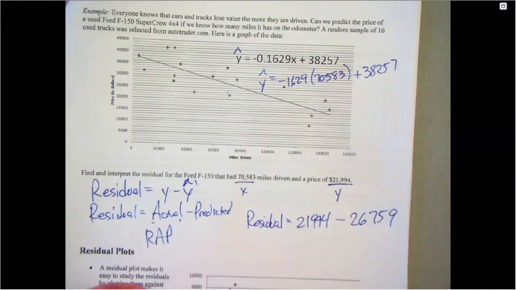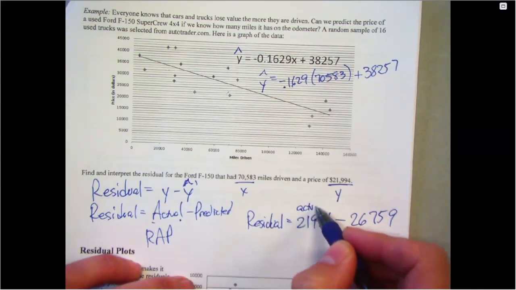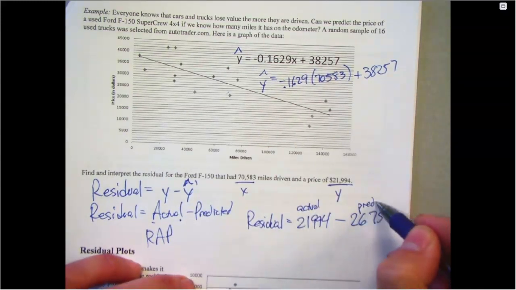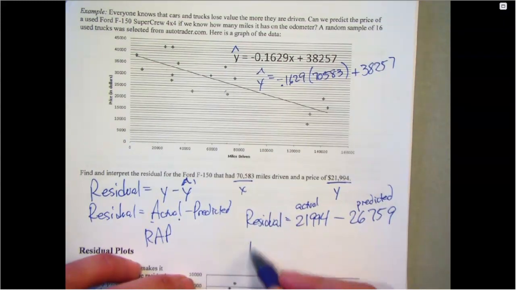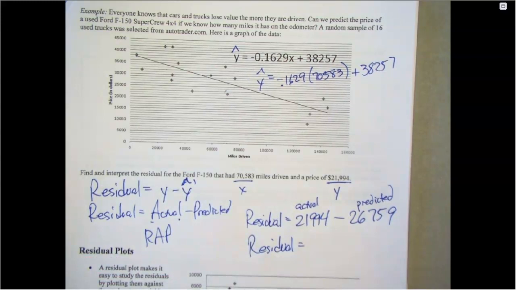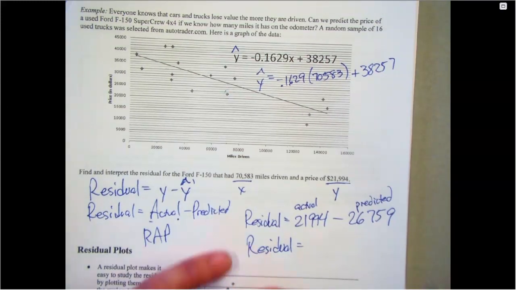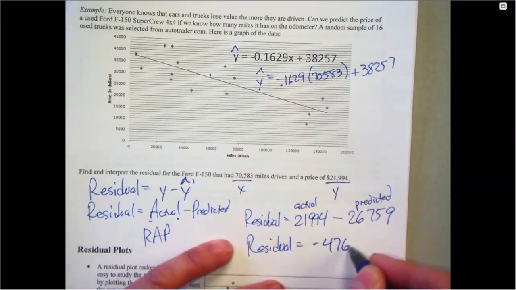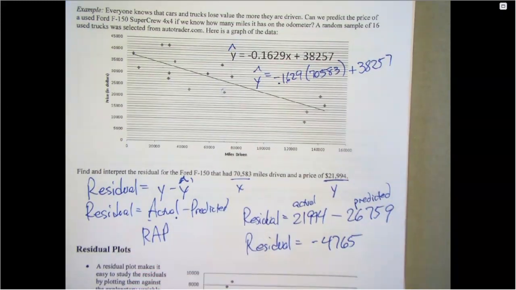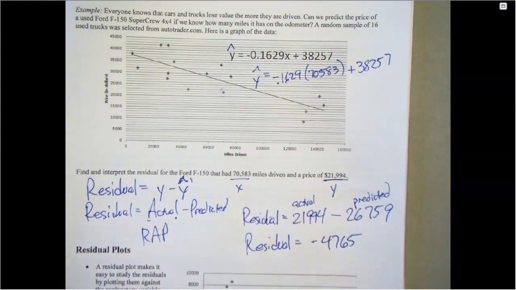So remember, this is your actual value. That's your predicted value. So I'm going to subtract those. So I get negative 4765. So is this truck costing more or less than we would expect it to? Less, because this is negative.